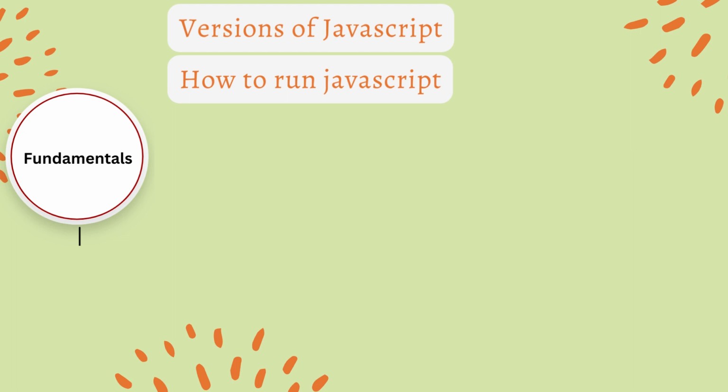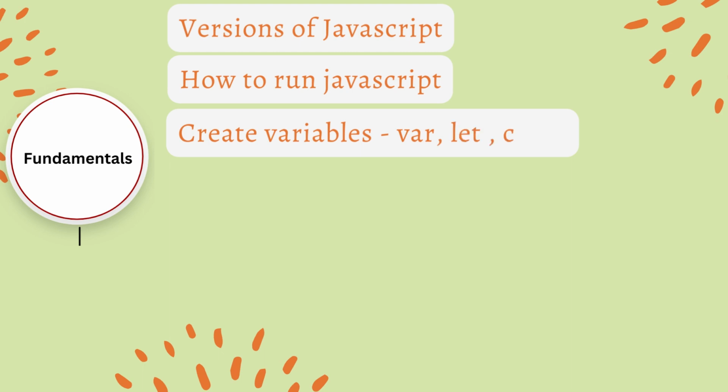Then we will move on to create variables using different keywords like var, let and const, which are available in JavaScript, and also naming convention of the variables, like what rules to follow while creating a variable. For those of you who don't know what is a variable, it's simply used to store data in the program.